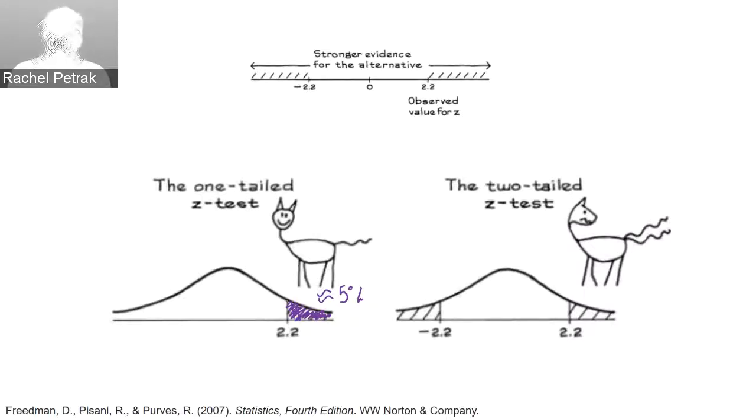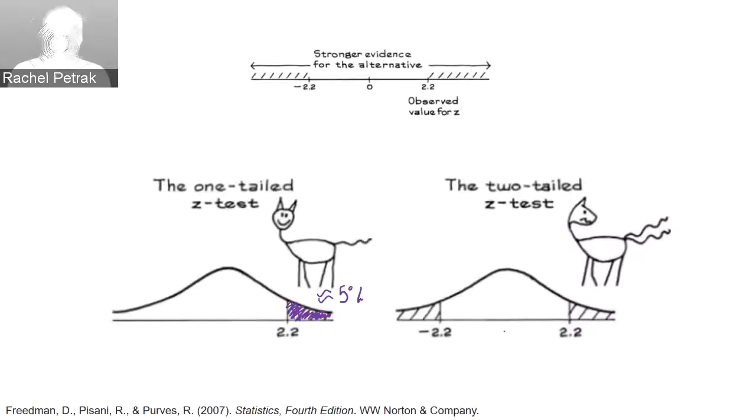Sometimes, though, and oftentimes, we go into doing tests just looking for a difference. We don't know ahead of time if one group is going to be higher or lower. When you don't have a good reason for an expectation of the group being higher or lower, or you need stronger evidence for the alternative hypothesis in order to identify it as true, then you should use a two-tailed test. A two-tailed test takes your probability value and splits it into two areas.